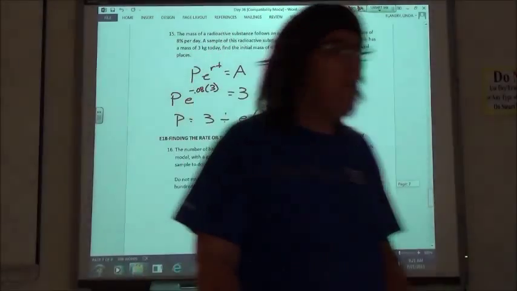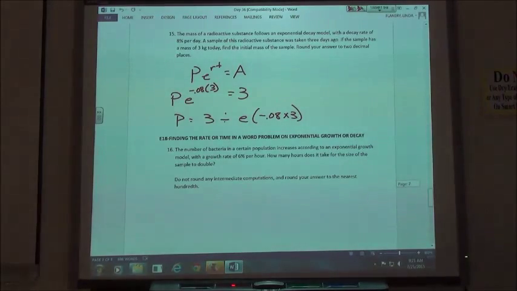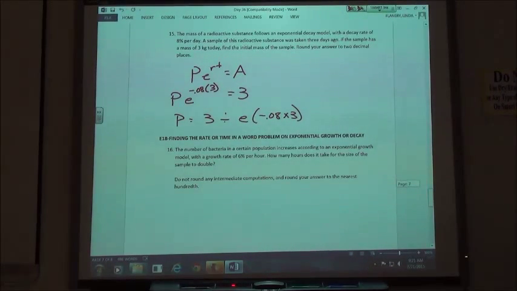974.9. Nope. You have to get the times in the parentheses with the 0.08. Right, those have to go together, 0.08 times 3, otherwise it will multiply that first. Try again. That's what I'm getting.